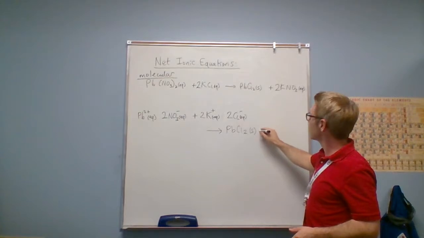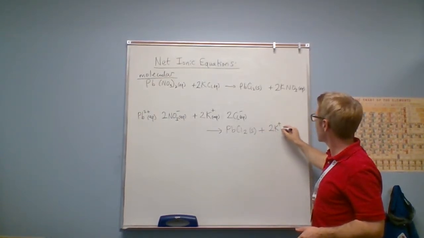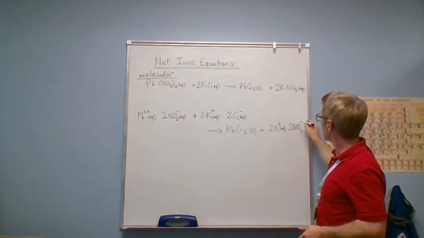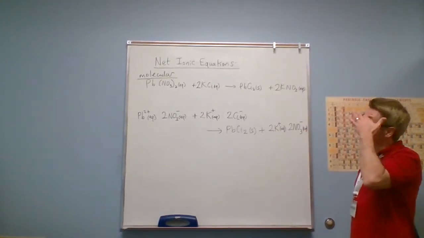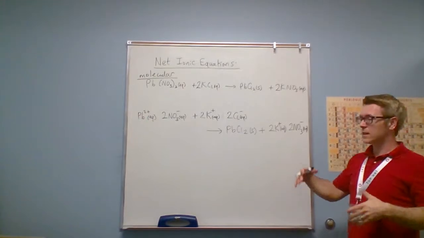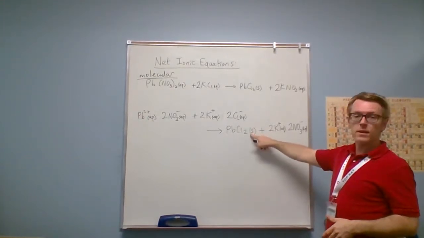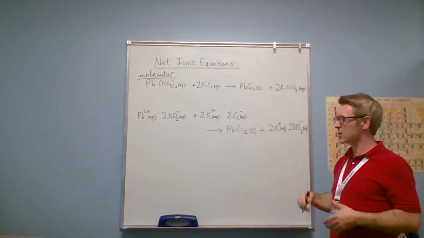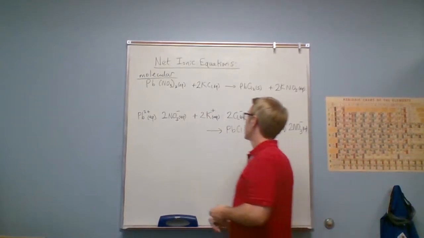So I have 2K+ aqueous and 2 NO3- aqueous. So again, I've separated all separable ions. I've not separated the solid. You would neither separate a liquid or a gas. You can actually only separate aqueous chemicals.